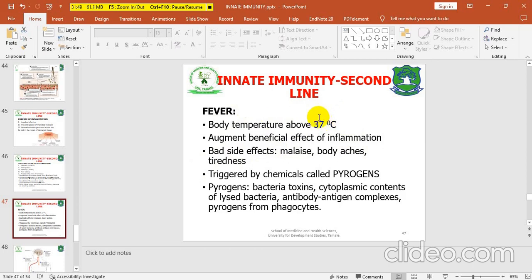So God knows best, He put fever in us. Fever is the natural way the body responds to an infection, by the hypothalamus increasing the temperature of the body, causing the person to feel feverish. Bad side effects of the fever will be malaise, body aches, and tiredness. So the rise in temperature will prevent the organism from staying.